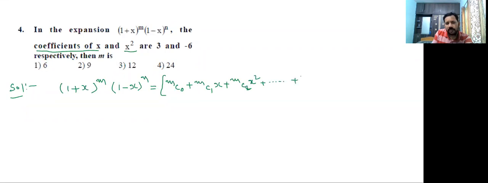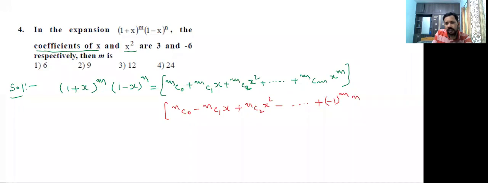The last term I am writing is mCm into x power m, into (1 minus x) whole power n, that is nC0 minus nC1 into x plus nC2 into x square minus and so on. The last term is minus 1 whole power n, nCn into x power n.